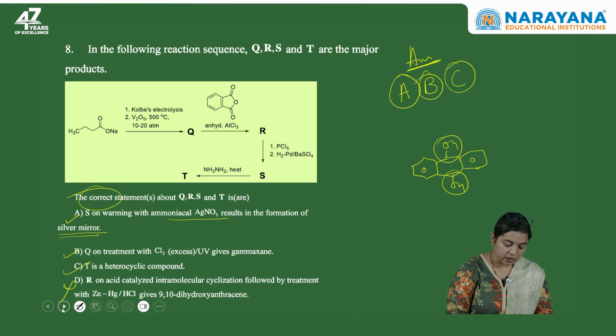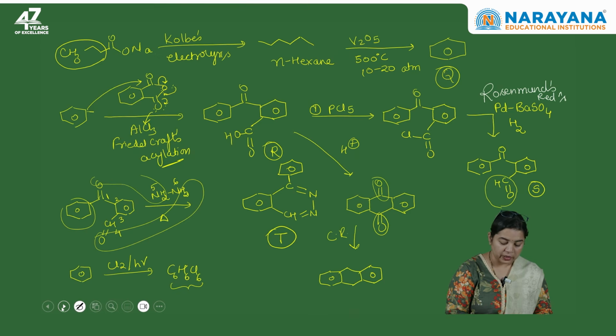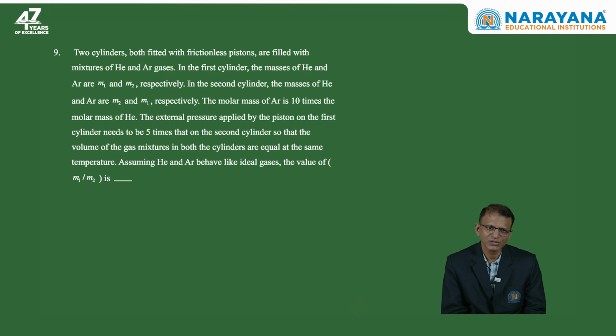Okay. Now we are moving to the numerical value questions. So this is a question from gaseous state. Two cylinders, both fitted with frictionless piston, are filled with a mixture of helium and argon gases. In the first cylinder, the masses of helium and argon are m1 and m2 respectively. In the second cylinder, the masses of helium and argon are m2 and m1 respectively.